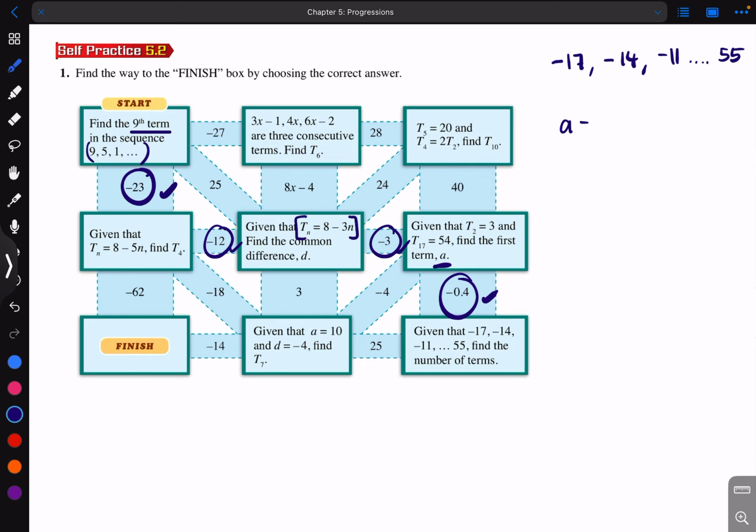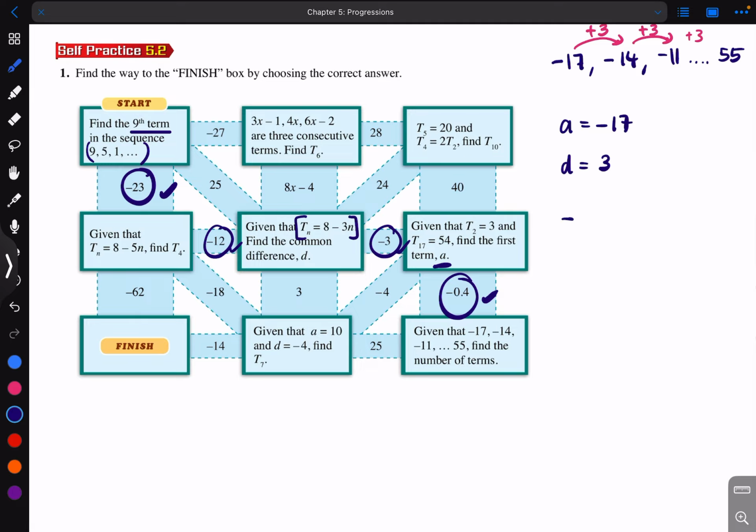So our A is negative 17. A is the first term. And then we need to find the D. So clearly the sequence is increasing. Negative 17 plus 3 becomes negative 14. Then plus 3 becomes negative 11.